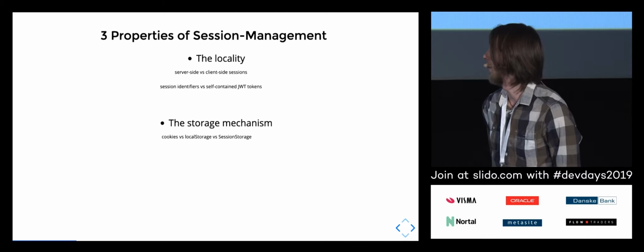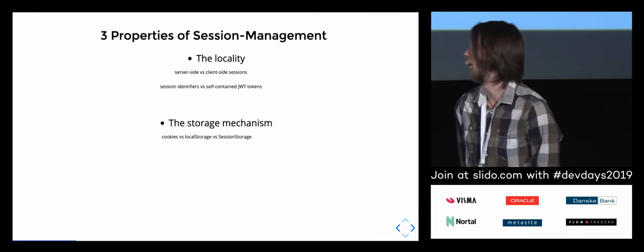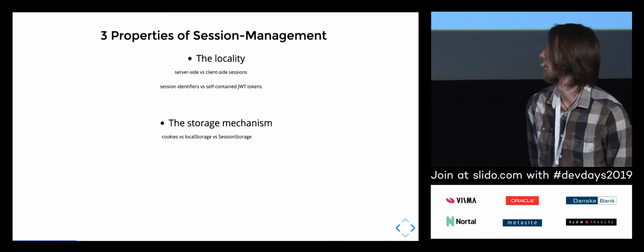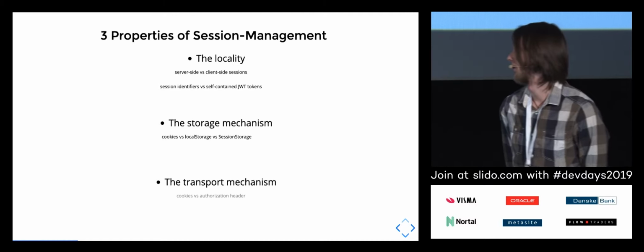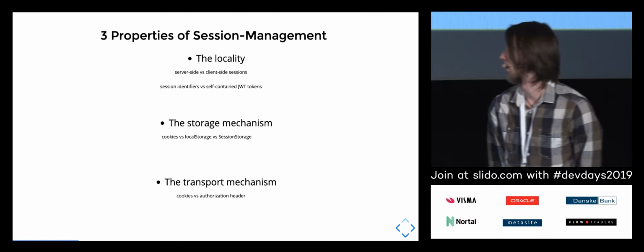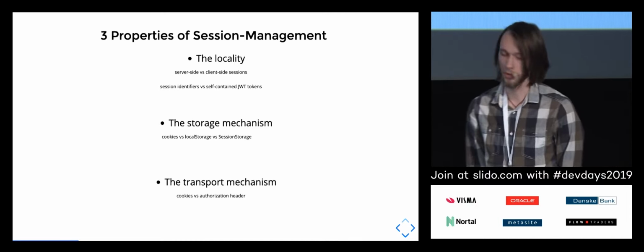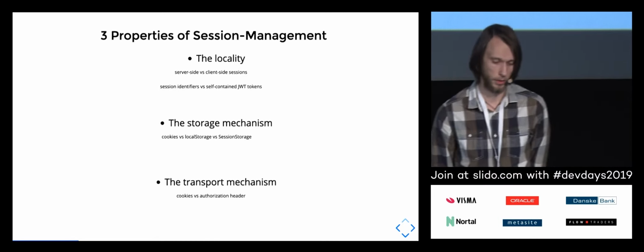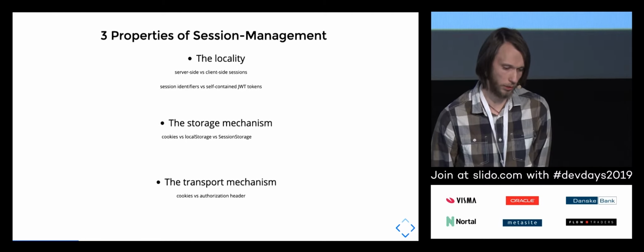Then of course the storage mechanism; you can use at least three well-known ones, maybe something else. And also transportation, based again on cookies, or an authorization header that probably carries the token.